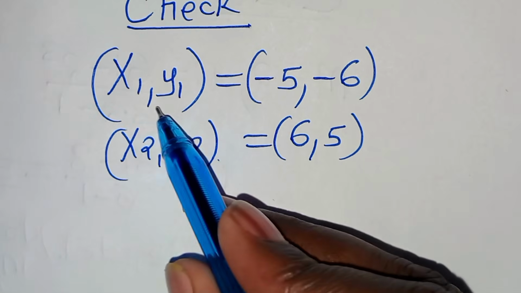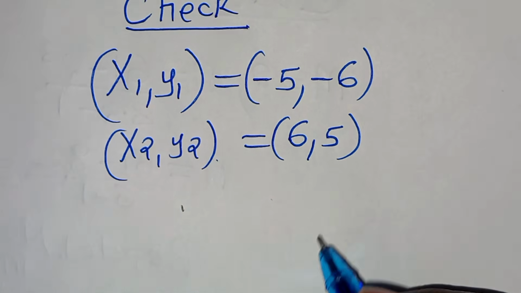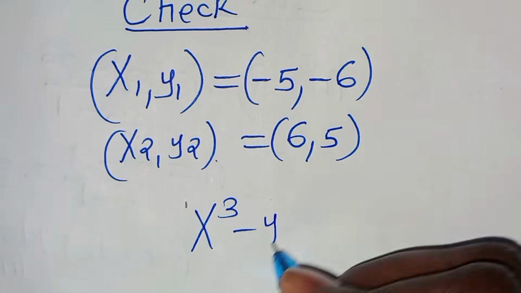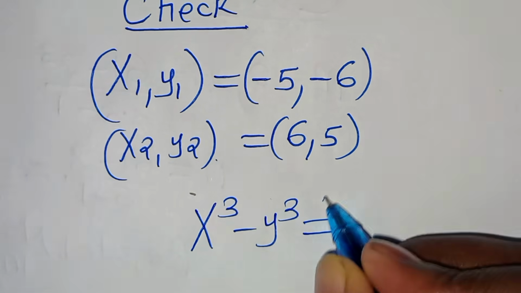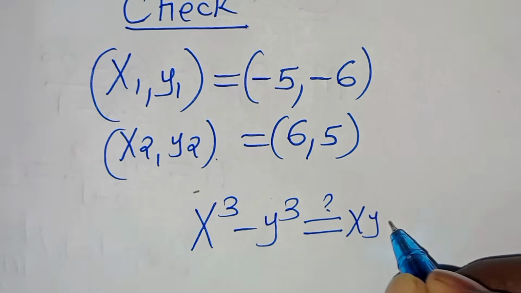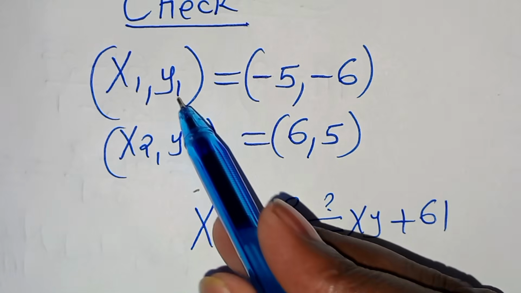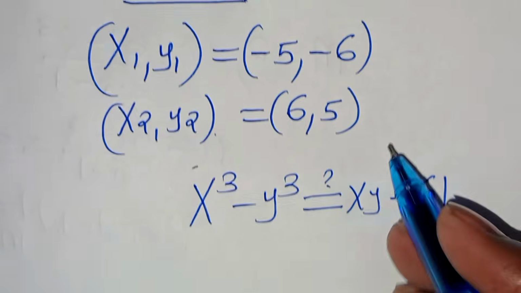Now let's check if these two sets of solution satisfy the equation. We have x to the power of 3 minus y to the power of 3, which should be equal to x times y plus 61. Let's start with x1, y1, which is minus 5, minus 6.